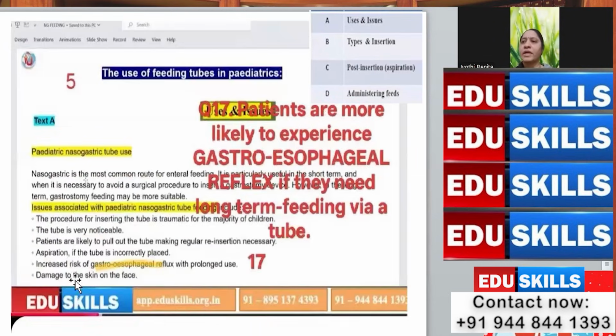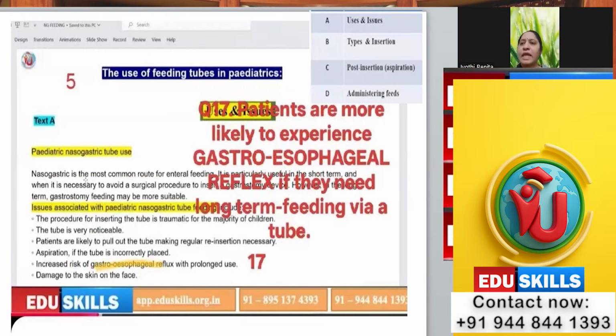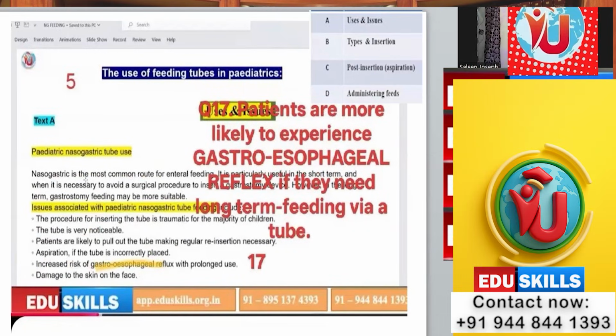Patients are more likely to experience dash if they need long term feeding via a tube. So this question is from text A. Next, yeah. So if you can see here, the text is A. In that, where is it given? Issues. Issues means what? Problems.